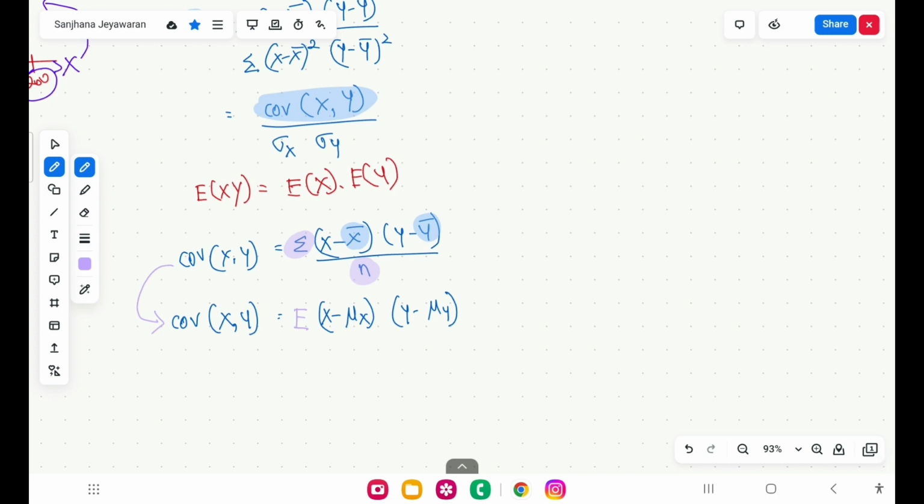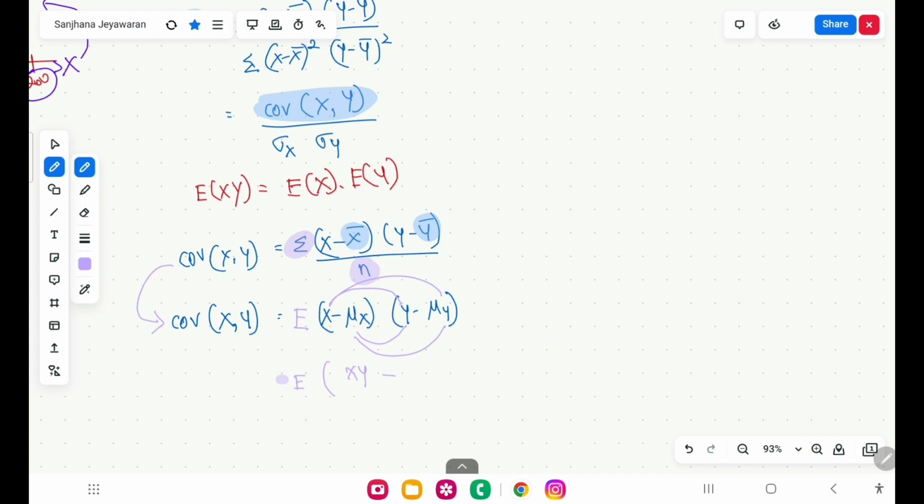Now what I'm going to do is cross multiply these values. This with this, and this with this. So what you get over there: expectation remains outside. XY, first term.